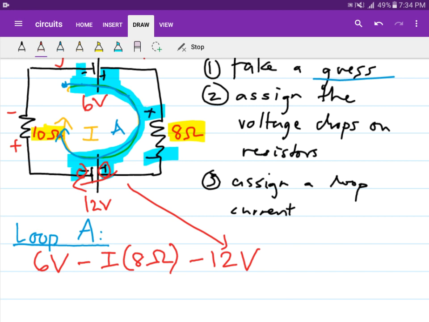And then finally, we encounter this 10 ohm resistor, and we know that it starts from high to low, and this should also be a voltage drop. So this will be I times the resistance of that resistor, 10 ohms.